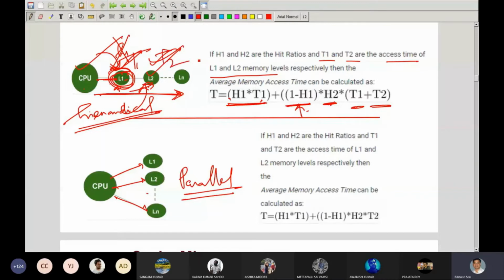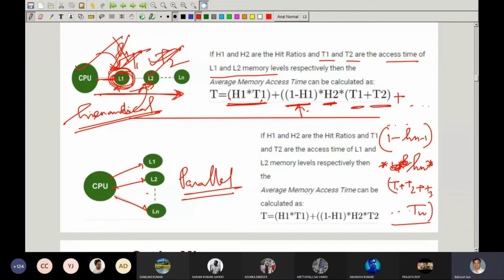In this way, dot dot dot, up to 1 minus H1 and so on, then Hn into T1 plus T2 plus T3 up to Tn.